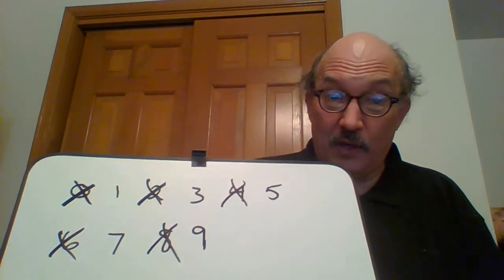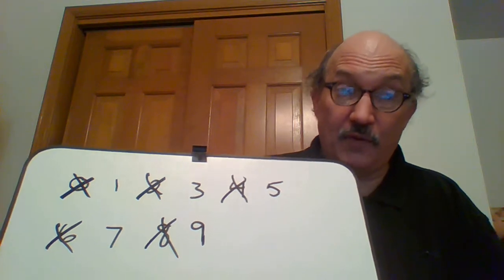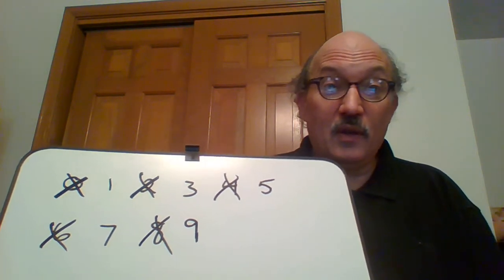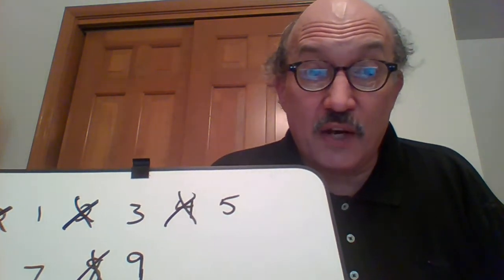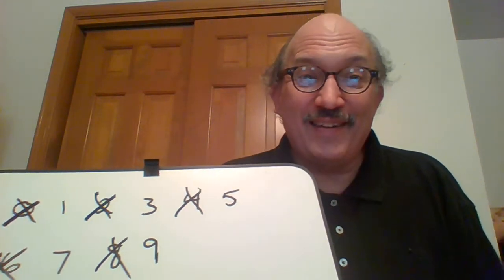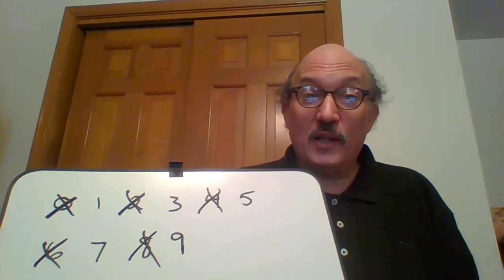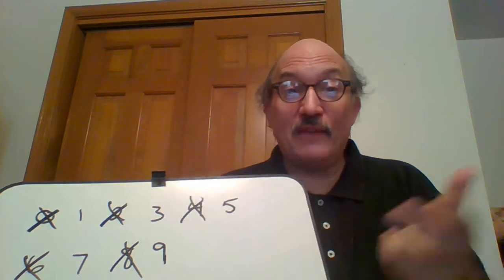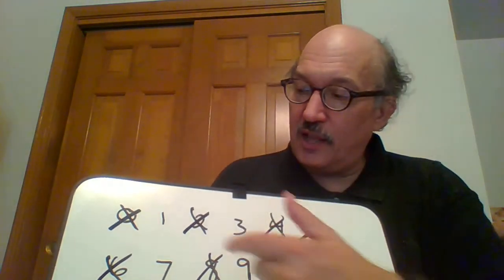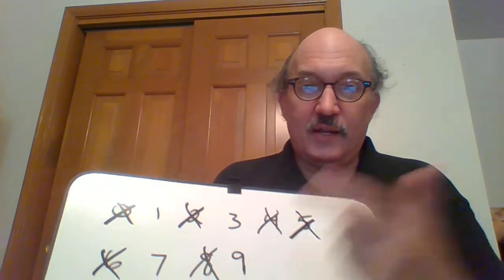What's true about 15, 25, 35, 45, 55, 3,795? Any number that has a 5 in the ones place has 5 as a factor. So there you go. The only 4 digits left are 1, 3, 7, and 9.